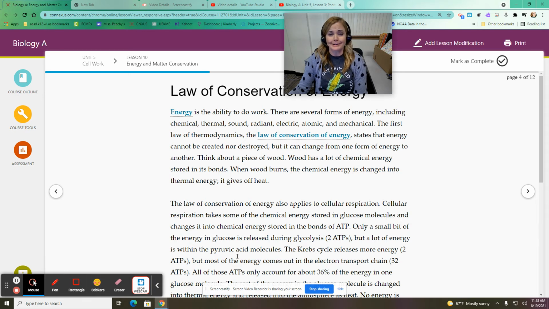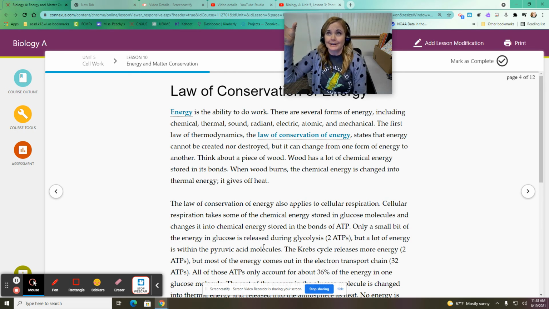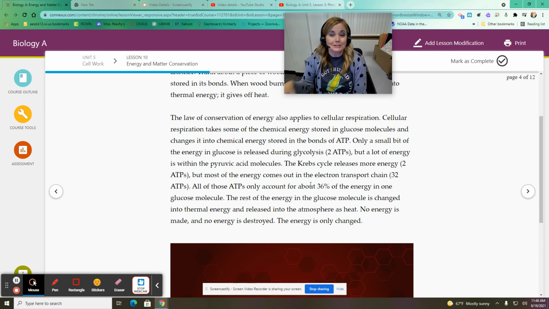So we can take potential energy of gravity and we can change it into kinetic energy of motion, right? So there's 2 different kinds of energy, but they're both energy. And so we can take that stored potential energy that's found inside a chemical bond, and we can break that bond and we can release heat, which is a different form of energy.